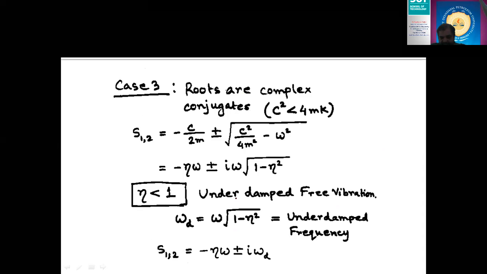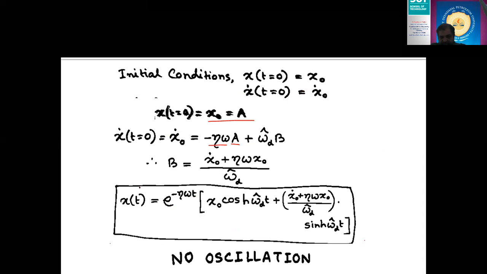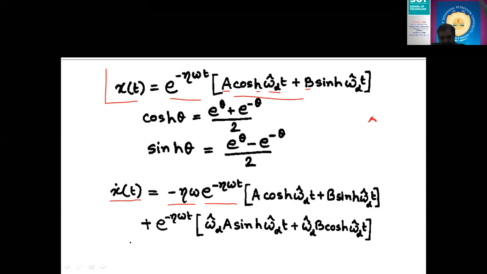Then plus this term: e raised to 0 is 1. This sinh 0 term will be 0, the whole term. Then this B cosh 0 is 1 into omega d.